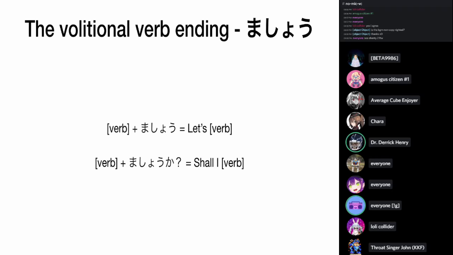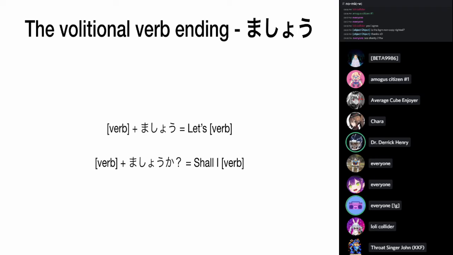Next we have what in linguistics is called a volitional verb ending. Don't worry about what that means. It's masho. And it's basically let's do something together, or shall I do something type of thing. So if you have a verb plus masho, this replaces your verb ending, right? Rather than mas, you're saying masho.